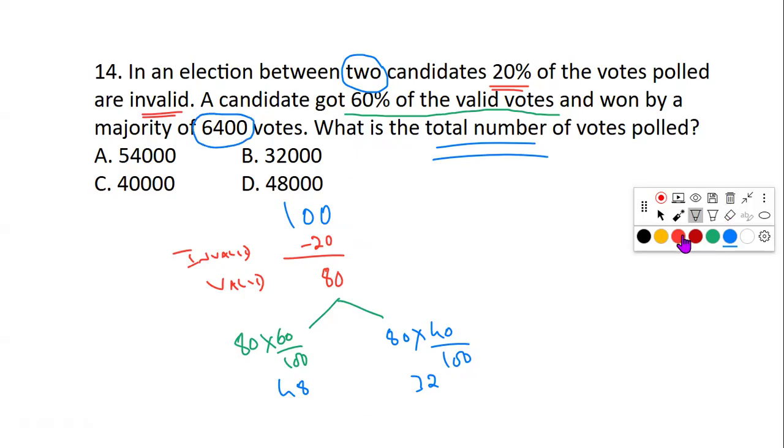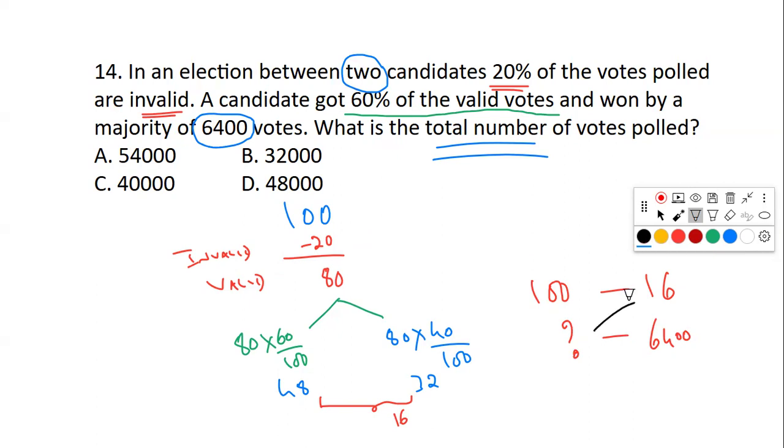So here, if I look at the difference, what is the difference? The difference is 8 minus 2, 6 and 1, so 16. So if the total number of votes polled is 100, the difference is coming to 16 votes. If the actual difference is 6,400, what will be this?